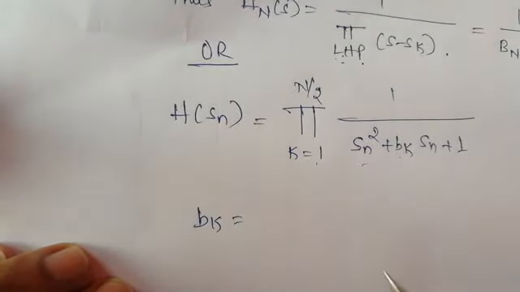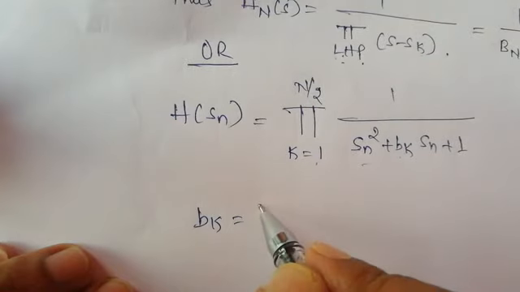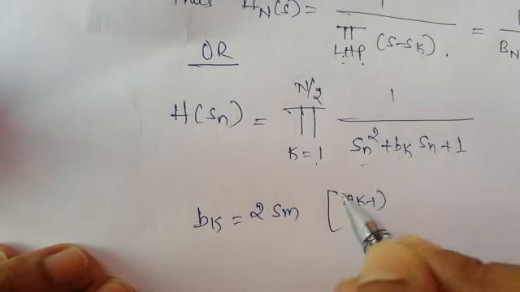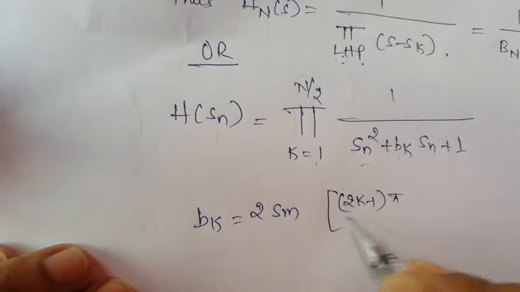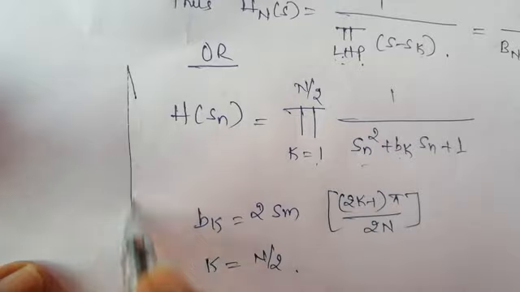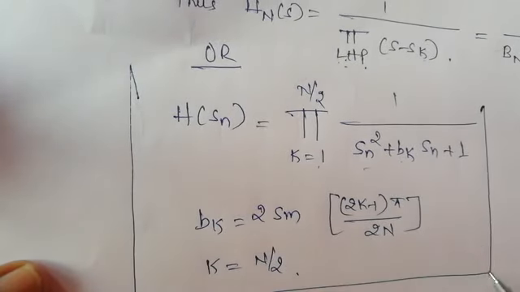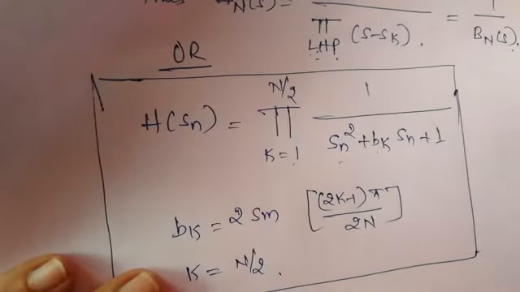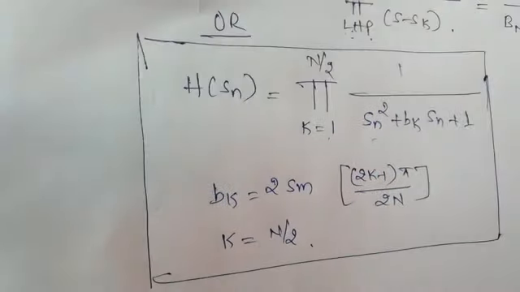Bk equal to 2 sine of (2k minus 1) pi divided by 2n, and k is up to n by 2. This is optional. In some other textbooks it is given like this, but for timing we will go for this one.